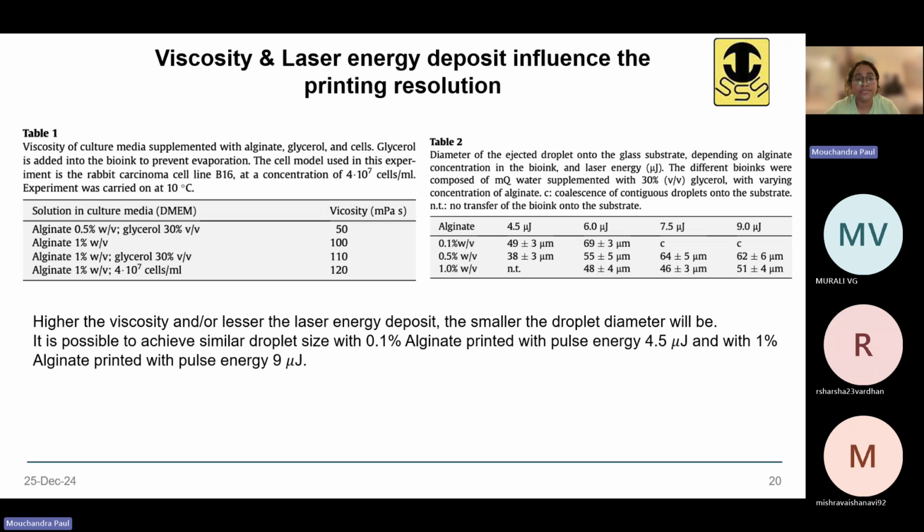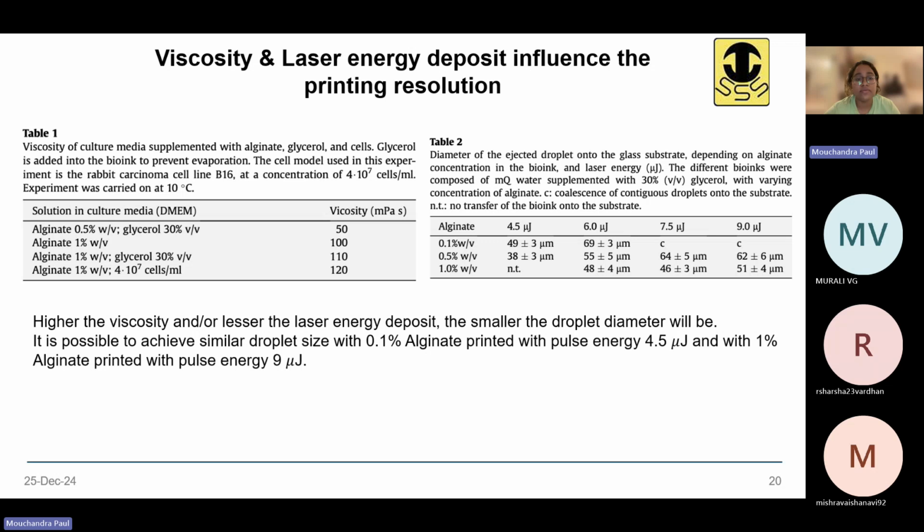So in this table number 1, from 1 to 3 there are no cells. There is only a different percentage of alginate, in absence or presence of glycerol, in culture media DMEM. You can see that with an increase in alginate concentration, the viscosity is also increasing. In the second and third rows, if you observe, the addition of glycerol also increased the viscosity.